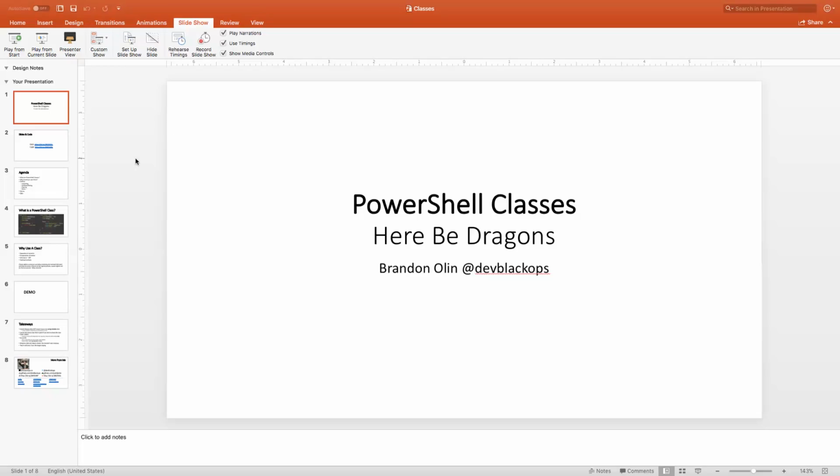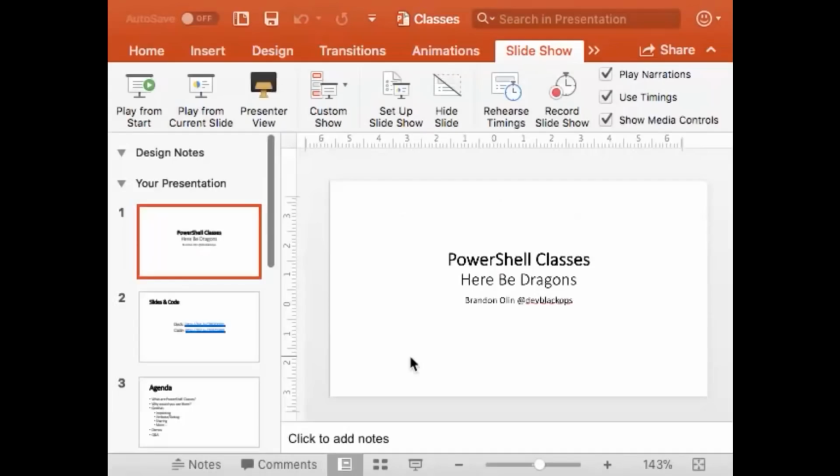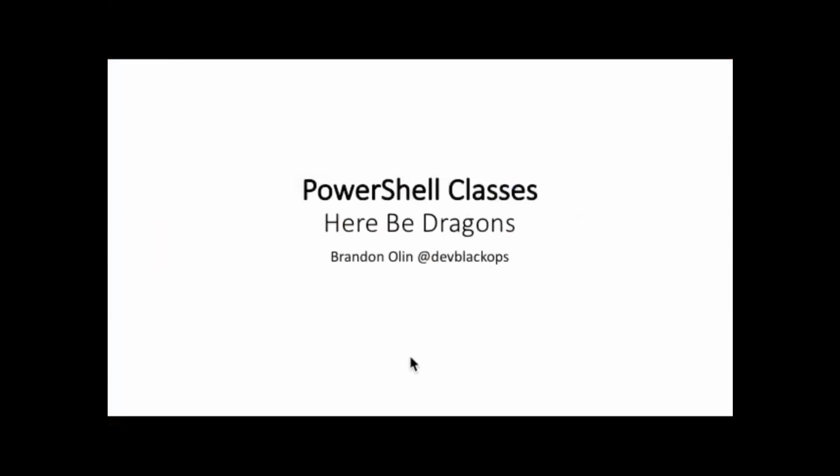All right, so like Bill said, my name is Brandon Olin, Dev Black Ops on Twitter. I'm a cloud architect at Columbia Sportswear, and this talk is about PowerShell classes, and more specifically the dragons, or issues, that you will find once you start really digging into these that you may not find in the marketing material or blogs or technical publications about them.